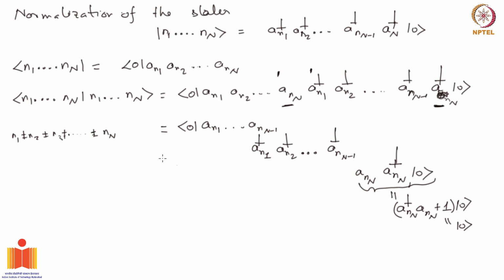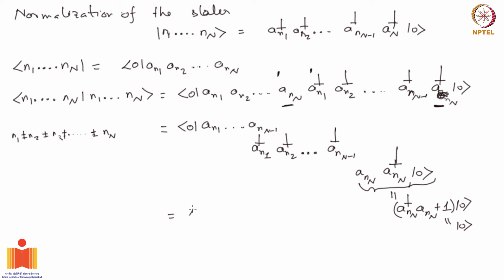So you can repeat the same steps again and take the one here, a_{n-1} dagger, and try to bring it next to it and do the same thing as we did here, and again you will pick up a factor of 1 here, this will kill, and you will be left with ket 0. So if you keep repeating that, you will end up with 1, right? Because let me do it in 2 steps.